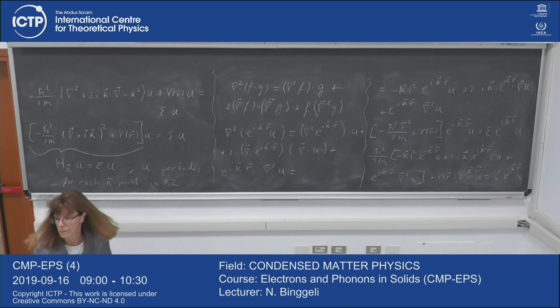Sorry, yes? But why is K acting as a gauge field in the last Schrodinger equation? Because it's a good quantum number. It's fixed. What do you mean? Yes, but for example, if we have a Schrodinger equation in an electromagnetic field, I just call it this way.